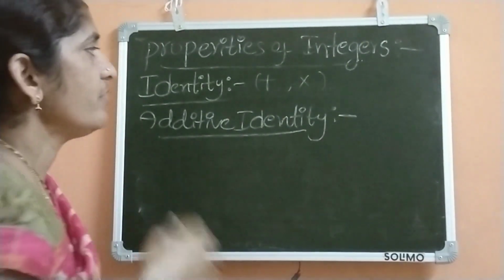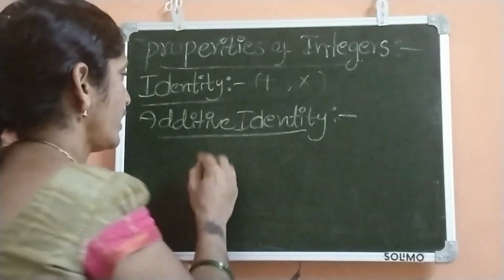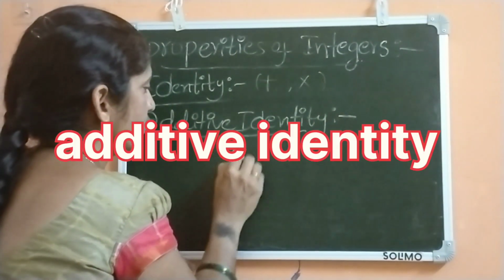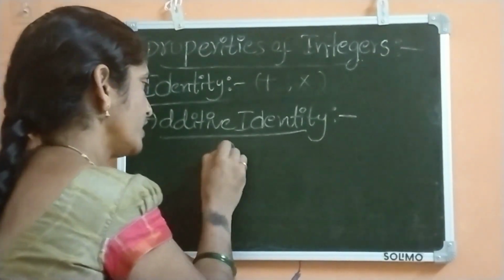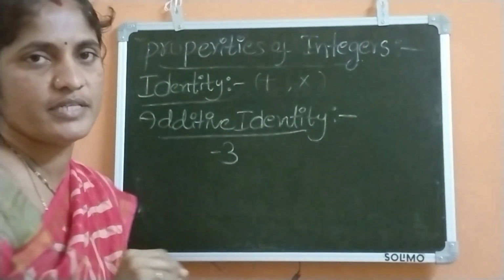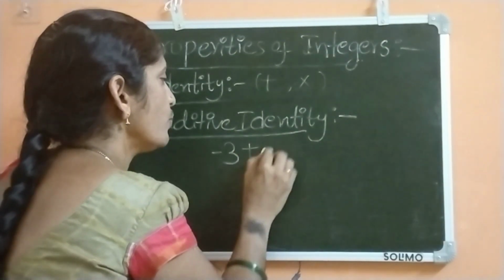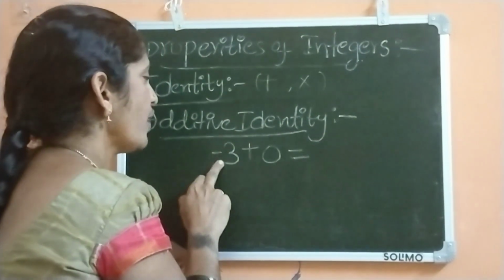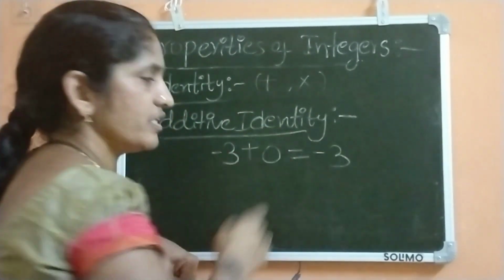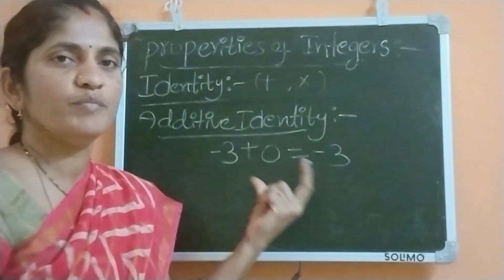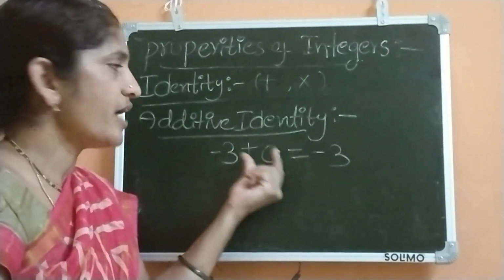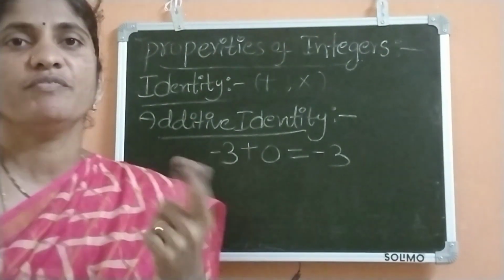If we take any integer a, say plus 3 or minus 3, 3 is an integer. If we add 0 to minus 3, we will get minus 3, and minus 3 is an integer. So by adding 0 to any integer, we are getting the same integer.